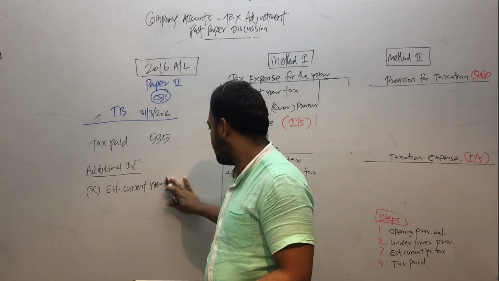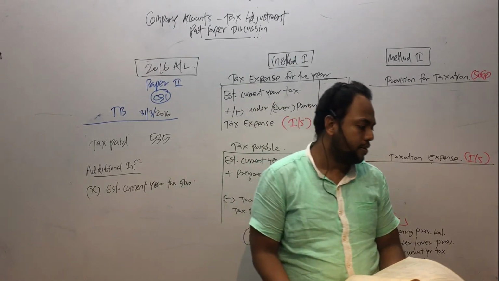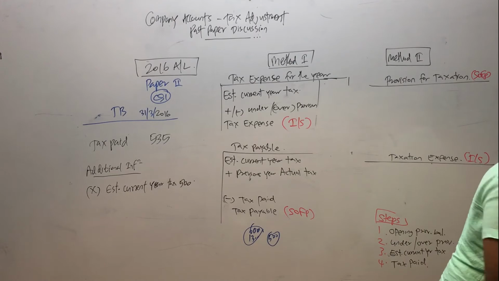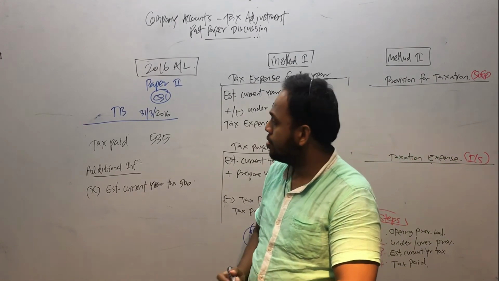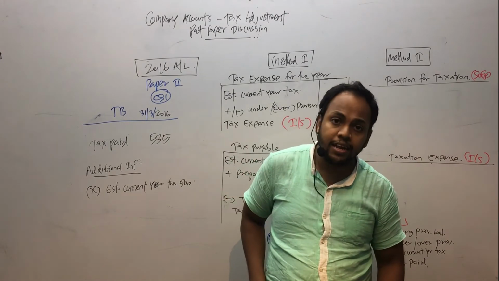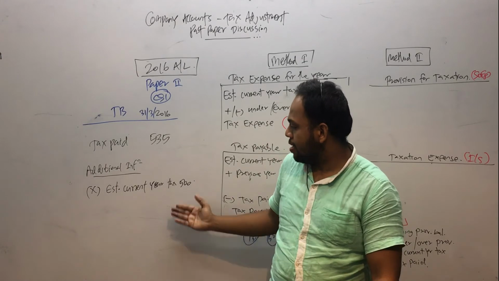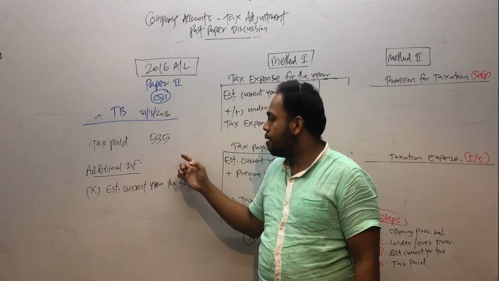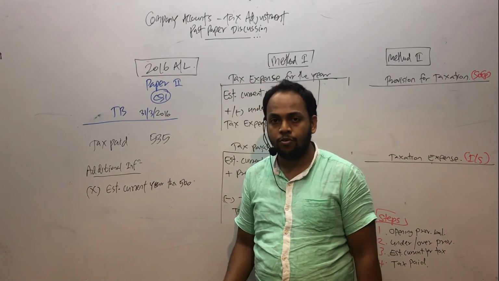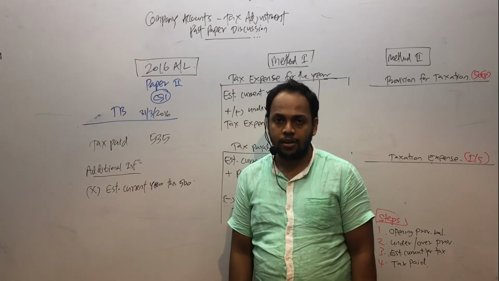So this is very simple. There is no opening balance. There is no under or over provision. So directly you can treat this as a normal expense. So let's say your expense is 500, paid 535. That means we have paid 35 extra, right?